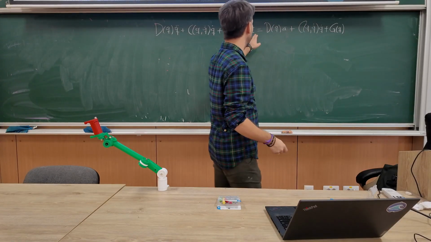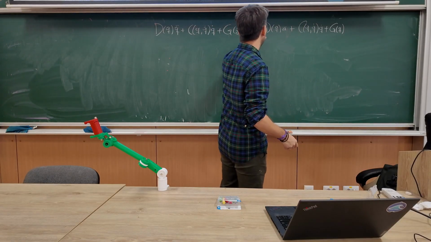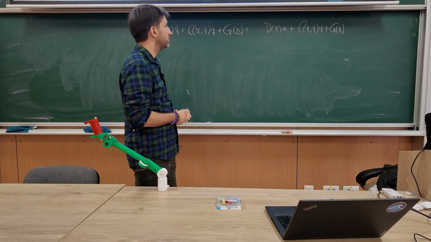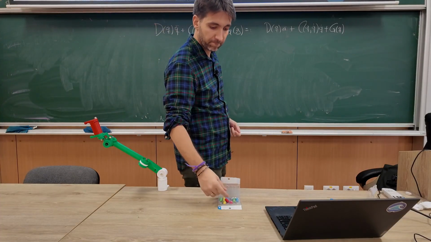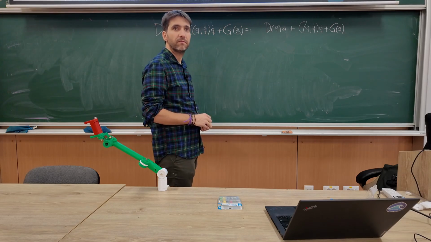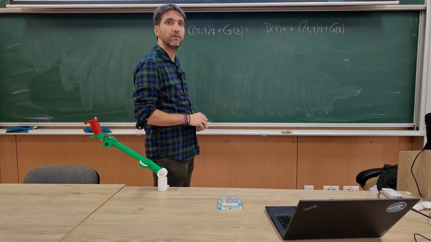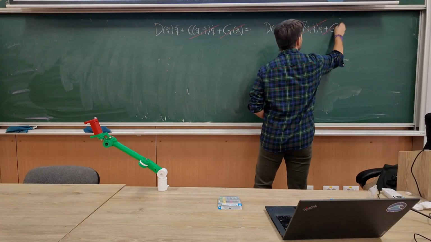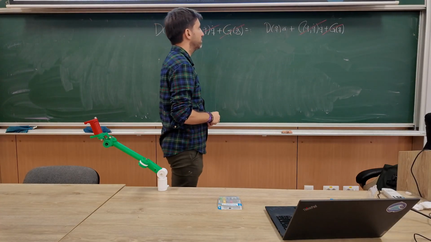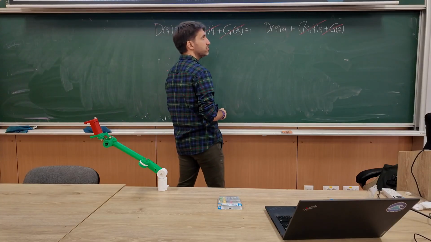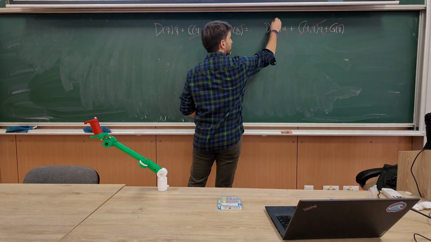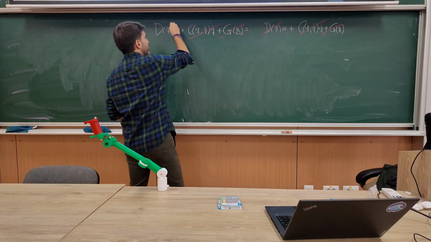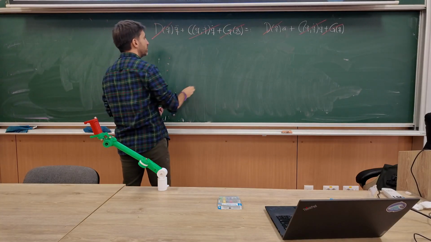So what happens if I put my torque equal to this? C and G simplify. The acceleration... This also simplifies. So I end up with what?